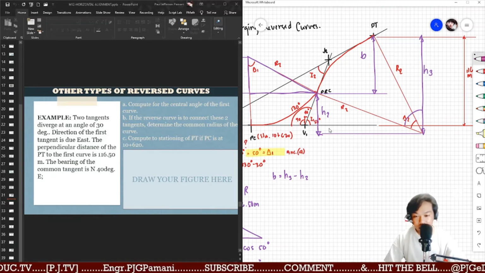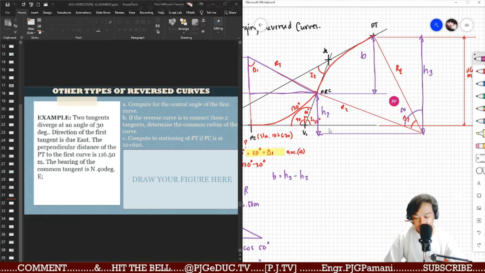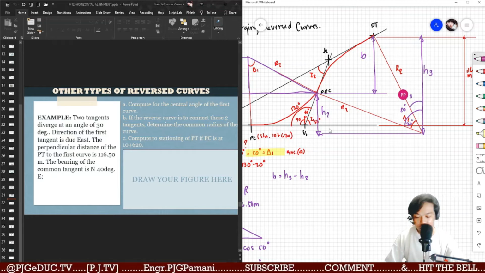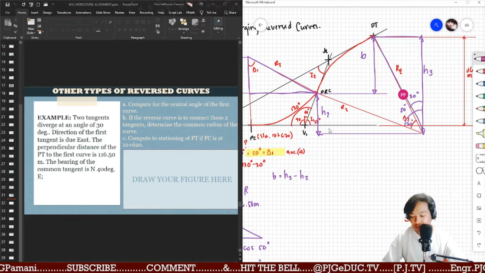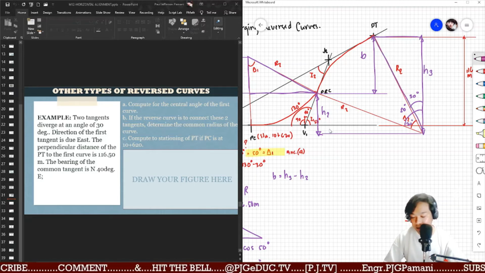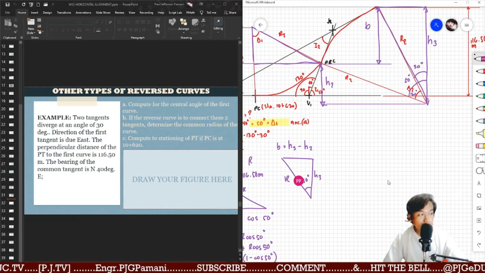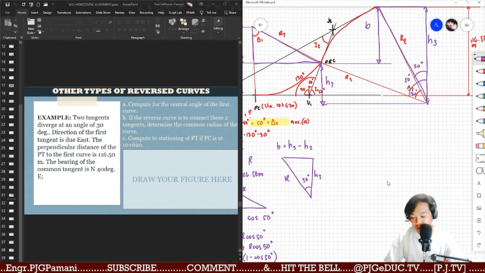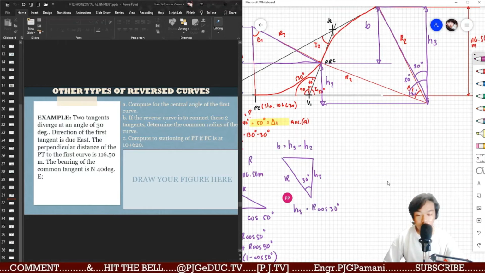This angle has the same 50 degrees. And if I2 is 20 degrees, therefore this one is 30. So H3 is R, H3, 30 degrees. So H3 is then equal to R cosine 30 degrees.